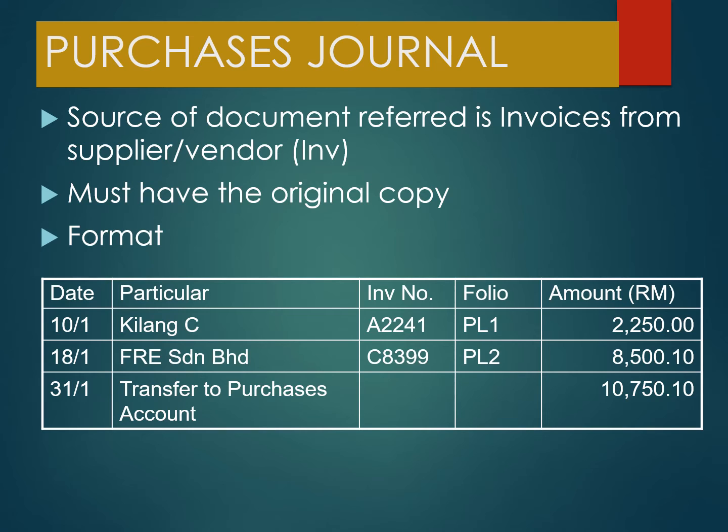What is the invoice number, and what is the amount of that particular invoice. And again, at the end of the month, we will transfer the total purchases on credit to the purchases account, with the total here 10,750.10.